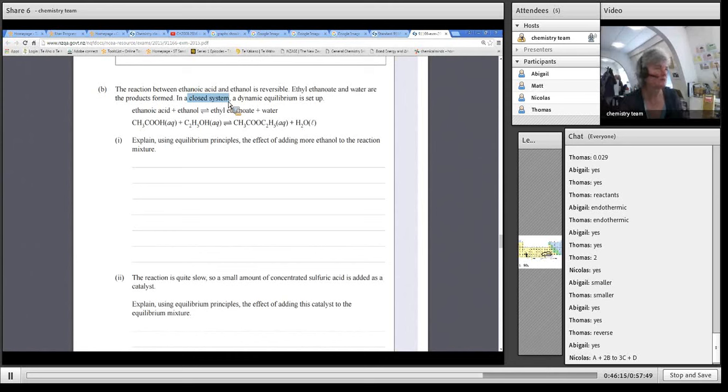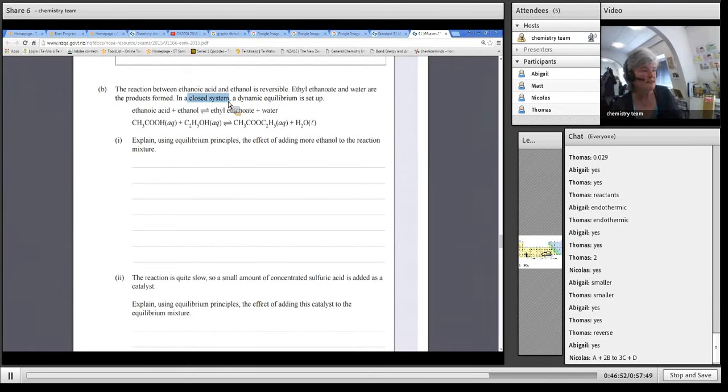The closed system could be the whole universe if we were doing things on a global scale. But otherwise, doing a gas reaction in an open beaker, it's never going to reach equilibrium because the gases are going to keep on escaping. So you'll never get the forward and backward reaction rates being the same, because they can escape all the time. So a closed system is important. Sometimes a closed system can be fine just located in a solution, as long as that solution can't evaporate and therefore change the concentration that way.